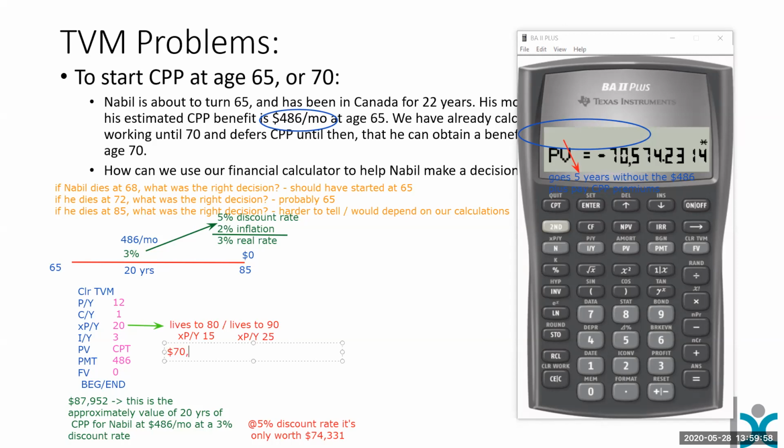Would everybody agree with that? Okay. And then by extension, what do we expect if he lives to 90? It would be a more valuable decision, right?